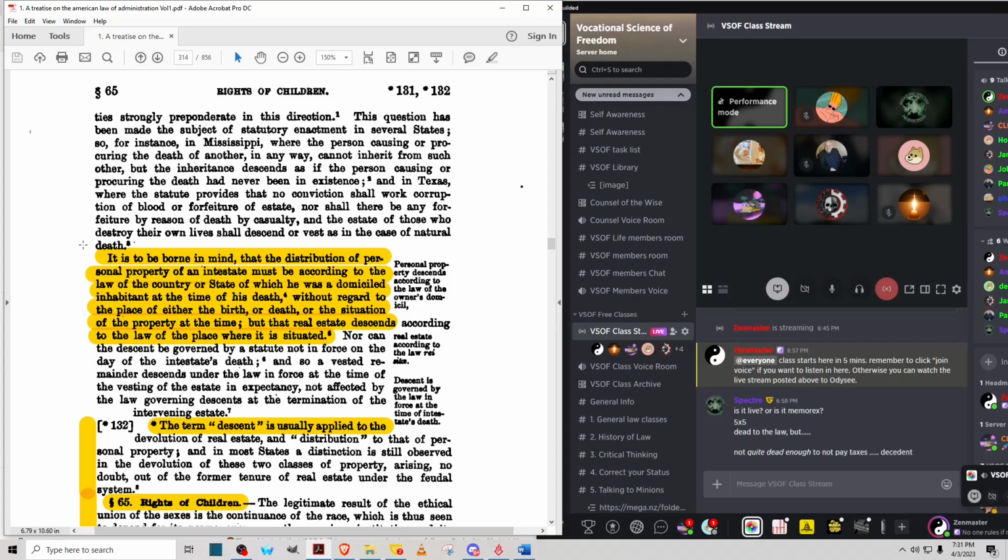So, and then without regard to the place of either the birth or death. So it doesn't matter, if you're born in California, fine. But if you're lawfully domiciled in Wisconsin and you're a lawful inhabitant thereof, well, then that's where the distribution of personal property of an intestate must be according to the law of the country or state, right? So meaning that you can go through and make claim and have livery at the proper county probate court.